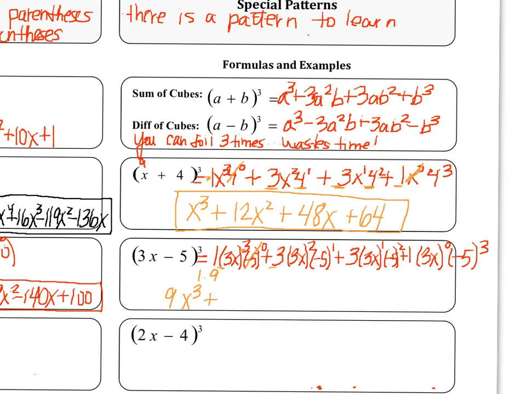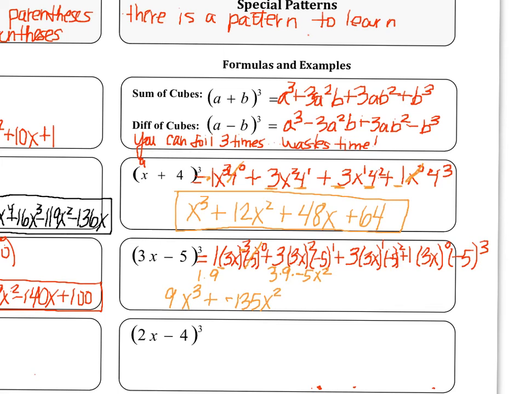Plus, here I've got 3 times 3 squared, which is 9. I'm going to have an x squared there. And then I've got negative 5 to the first power, so times negative 5. Like I said, I still have that x squared though. So 3 times 9 times negative 5 is negative 135, and I've still got my x squared.